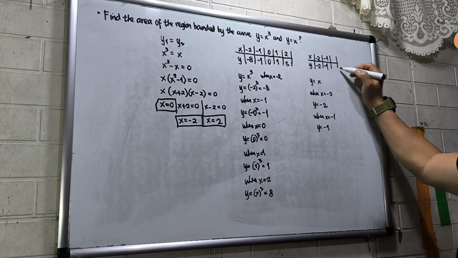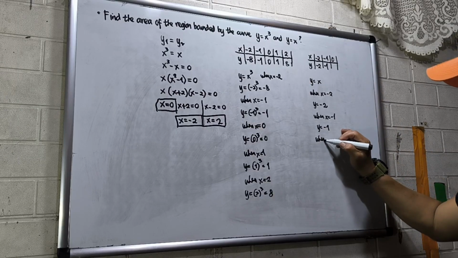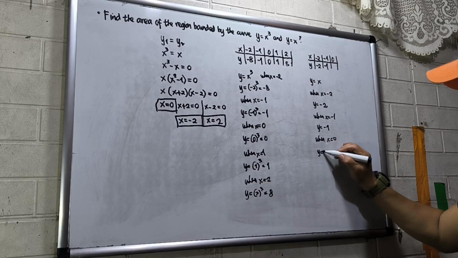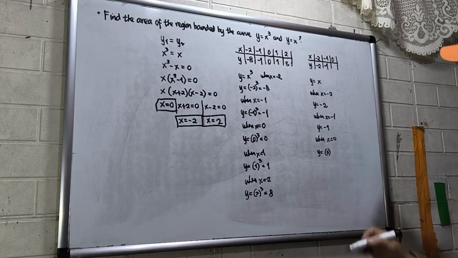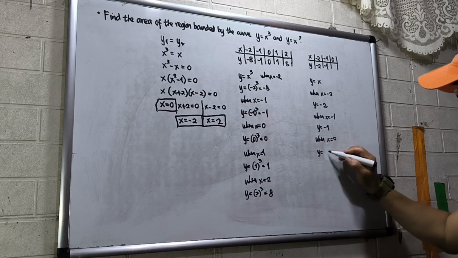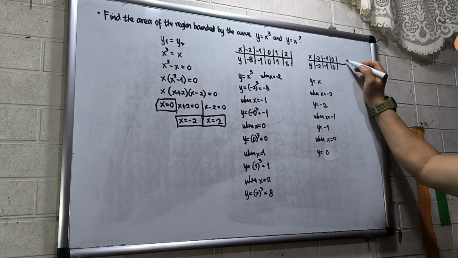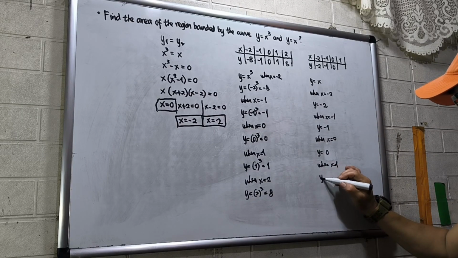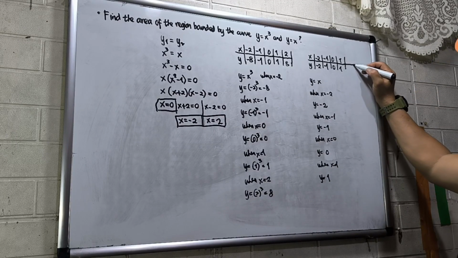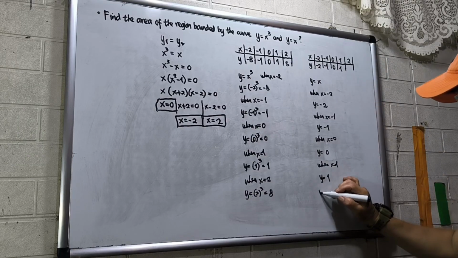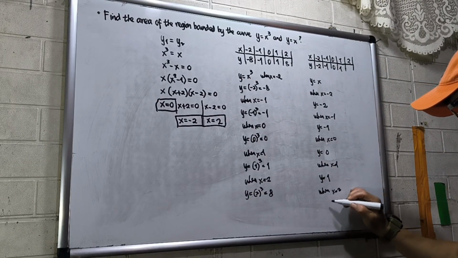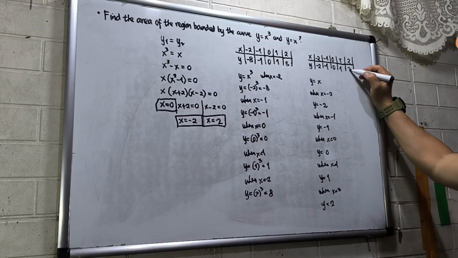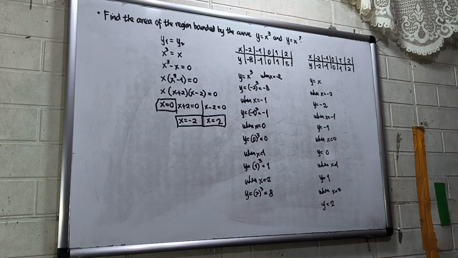Next is 0: when x equals 0, y equals 0. When x equals 1, y equals 1. The last is when x equals 2, y equals 2. So I'm done with tabulating the values of x and y from the curve and then the line.